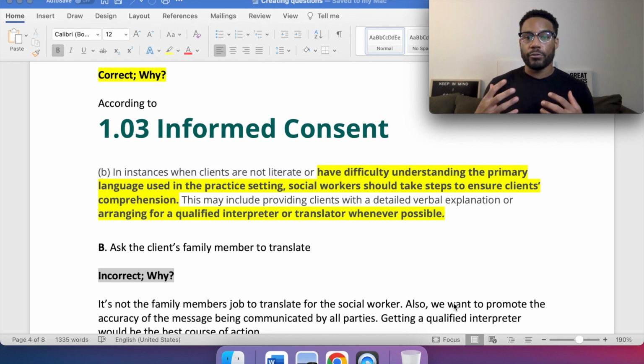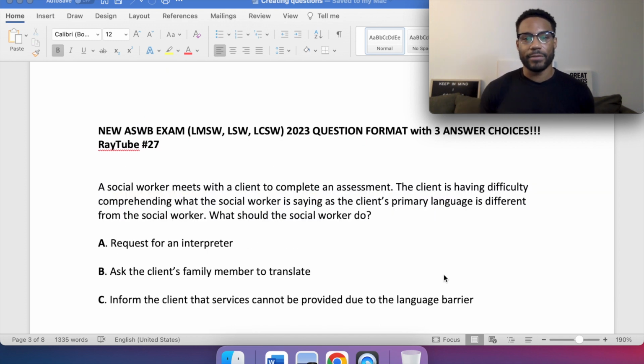We want to do our due diligence as the social worker, as a professional, putting the client's best interest at heart by going through those different avenues, which in that case means seeking a third party to help explain things to that client.